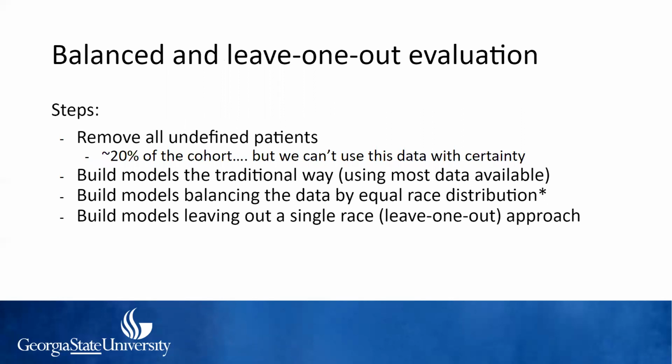The other evaluation methodology we used was this balance and leave one out evaluation. Again, we remove all the undefined patients. We build models the traditional way using as much data as we can. We build models balancing the data by equal race distribution, and we build models leaving out a single race, that's the leave one out approach.